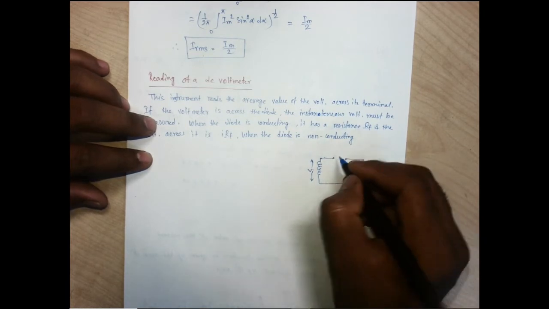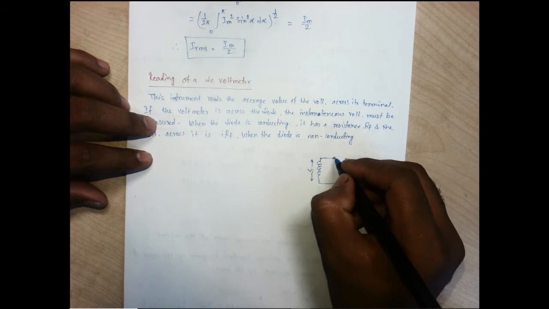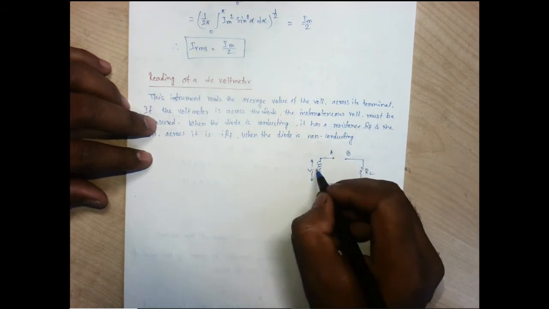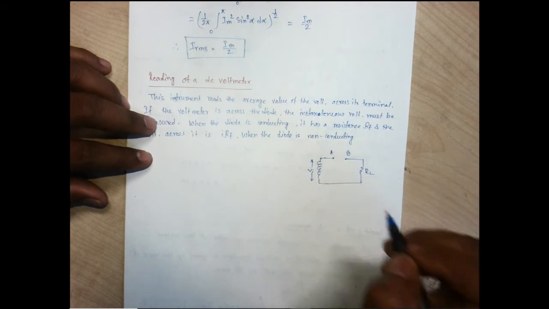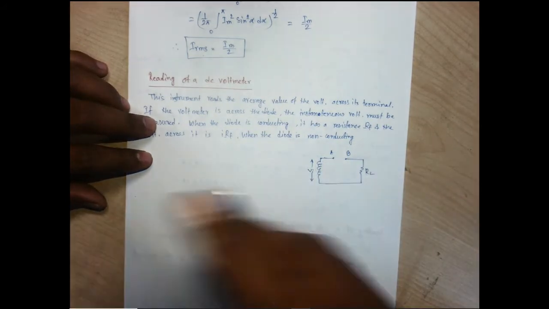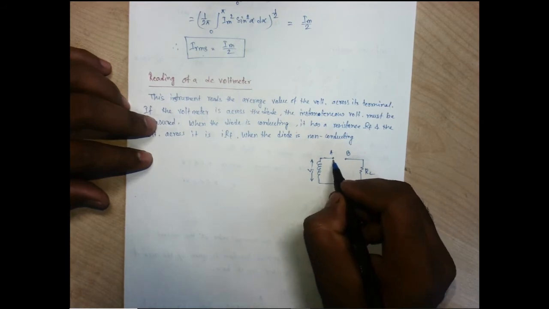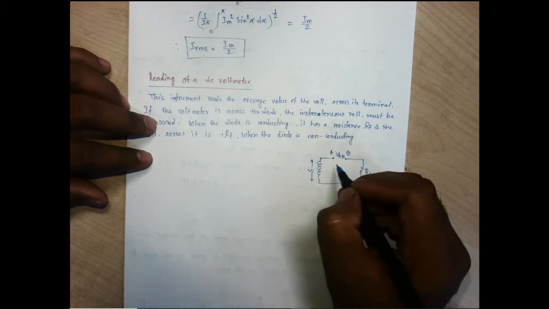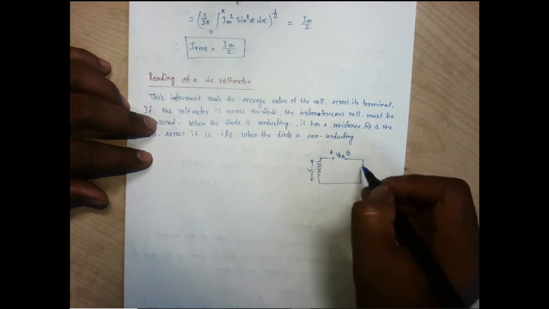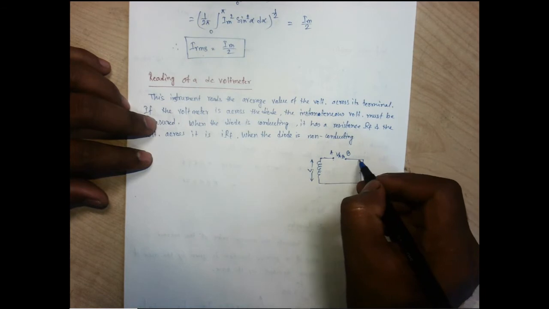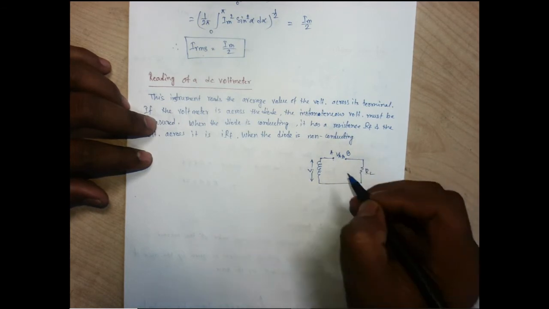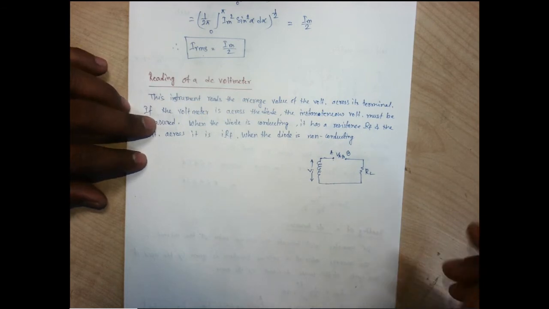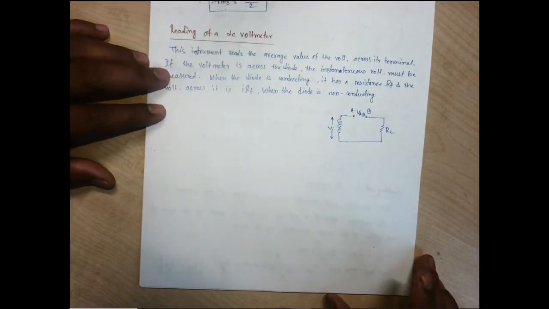Let us consider this terminal A and this terminal B. The current is not flowing since this diode is acting as an open switch. Then what is the voltage observed across points A and B, that is VAB? If we simplify this, no current is flowing, so we can take out this terminal here only. So this VAB is the same as the secondary voltage of the transformer.